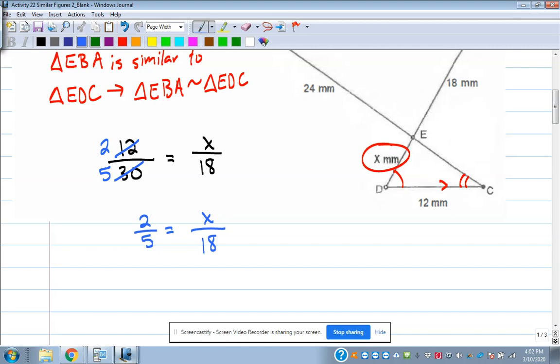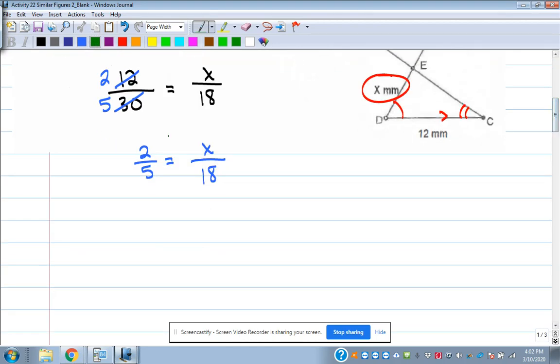How do you solve that? Cross multiply. So that's cross products, which would be a probably 6th, 7th, and 8th grade math standard. And so that'd be 5x is equal to 2 times 18, which is, excuse me, 36.